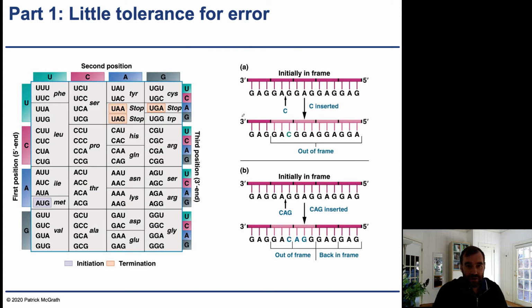All right, so there's little tolerance for error. Here we have a set open reading frame. If we break this up by triplet, you'll notice that these are the breaking points right here.